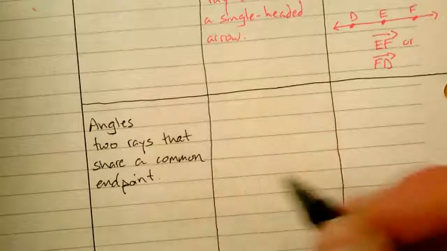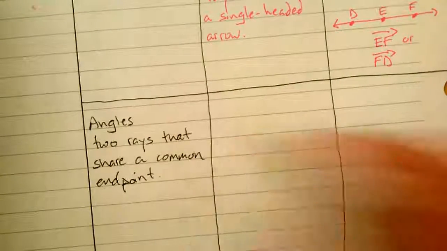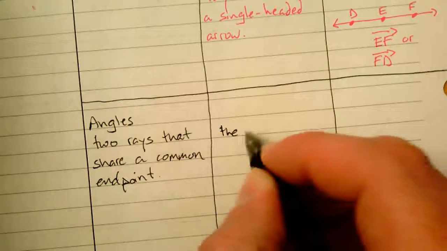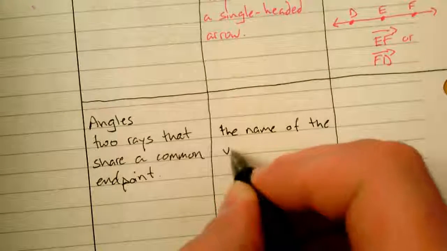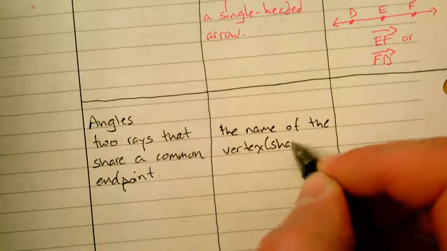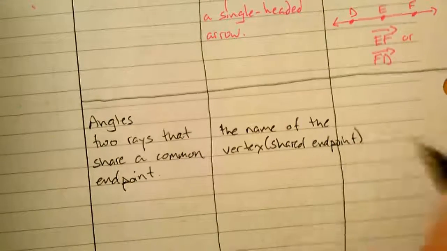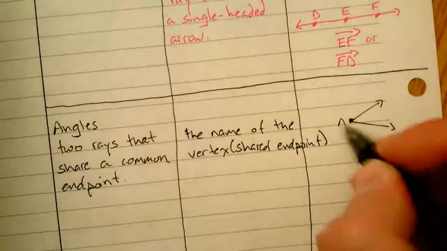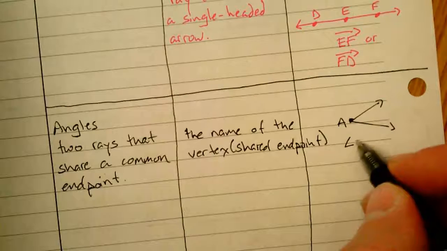We can name them several different ways. One, we could name them with the name of the vertex, shared endpoint. So for example, this could be angle A. We would write it like this, with a little angle symbol.